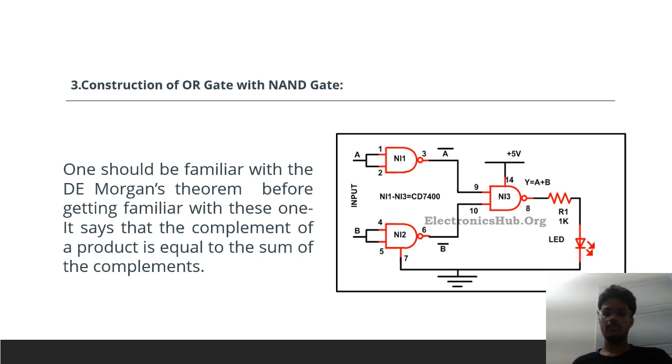Then B 4 and 5, the output will be 6, B complement. A and B whole complement are in this. When it goes to the NAND gate, it will convert it into A plus B. This is the characteristic of the NAND gate. This is the conversion of the OR gate with the NAND gate.